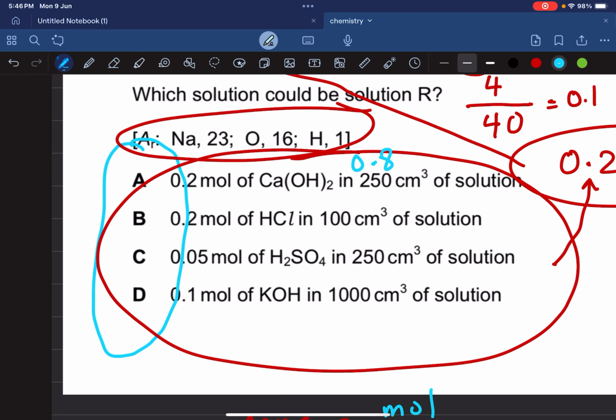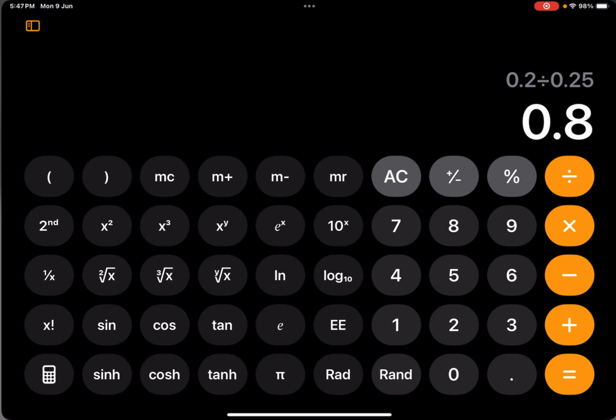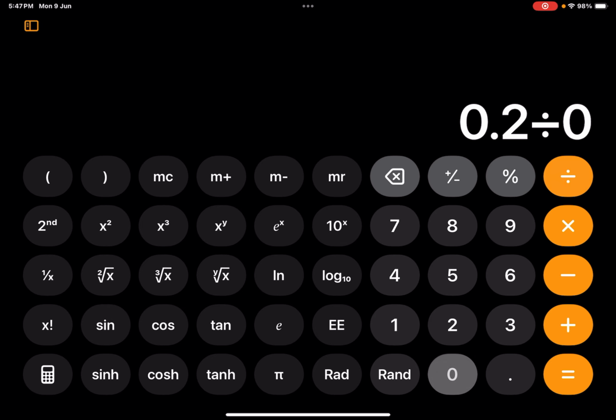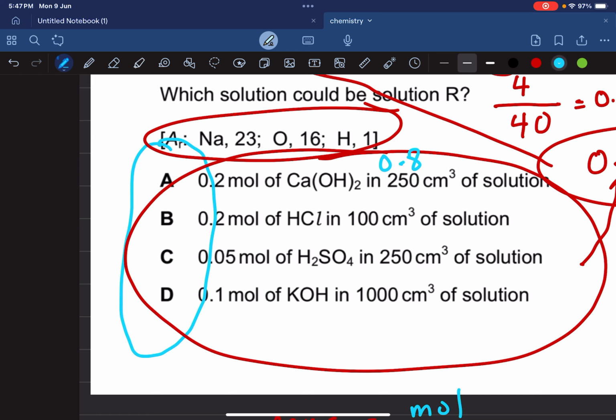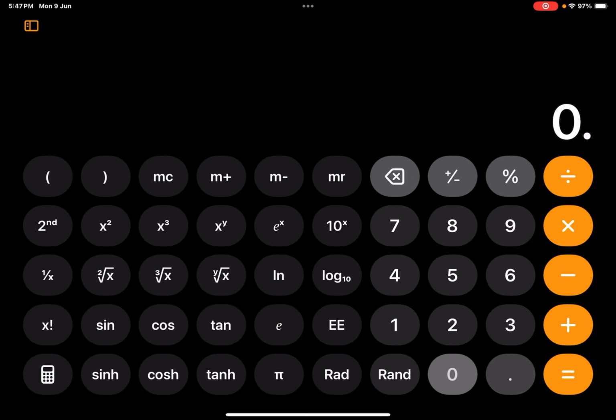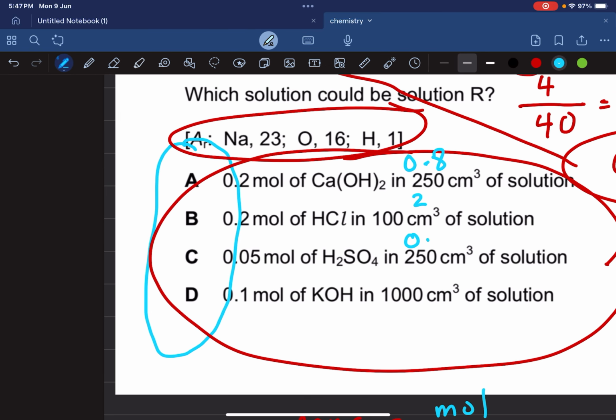Okay, one important thing, don't take the volume in cm cube, you have to take it in dm cube. Next is 0.2 divided by 0.1, which gives me 2 mole per dm cube. Next is 0.05 divided by 0.25, which gives me 0.2 mole. So I get 0.2 mole, which makes option C the correct option.